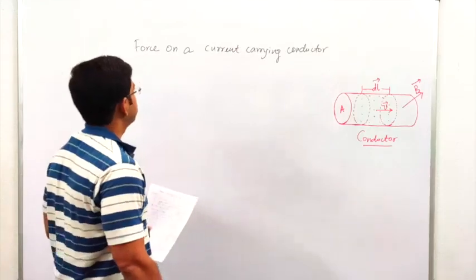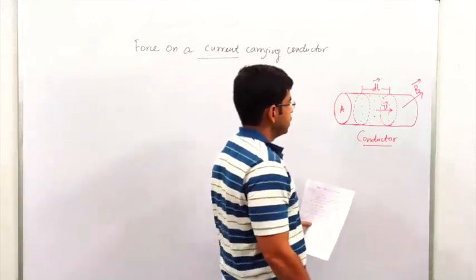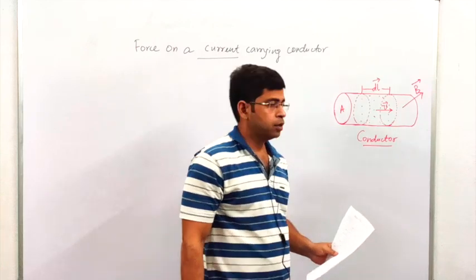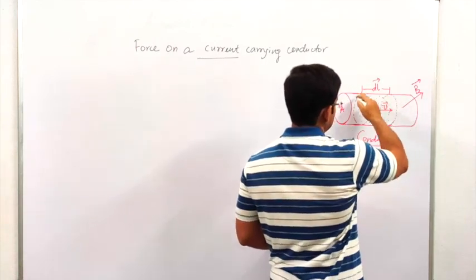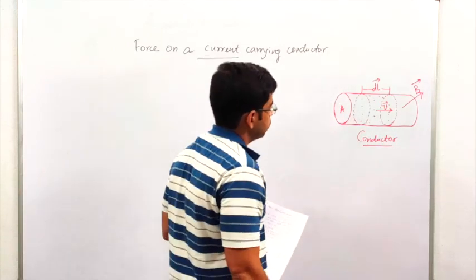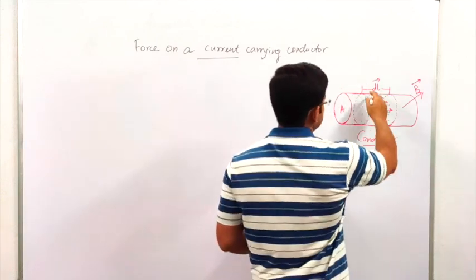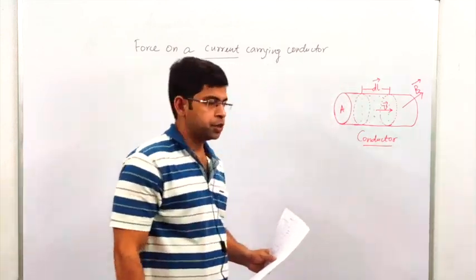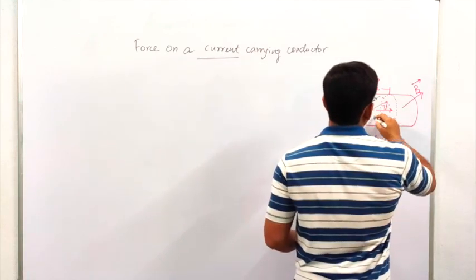Now, force on a current carrying conductor. So let us consider a cylindrical metallic conductor. Within this conductor, let us consider two dotted circles, and we will be concerned with the region in between these two circles. Let dl be the length of this shaded region.